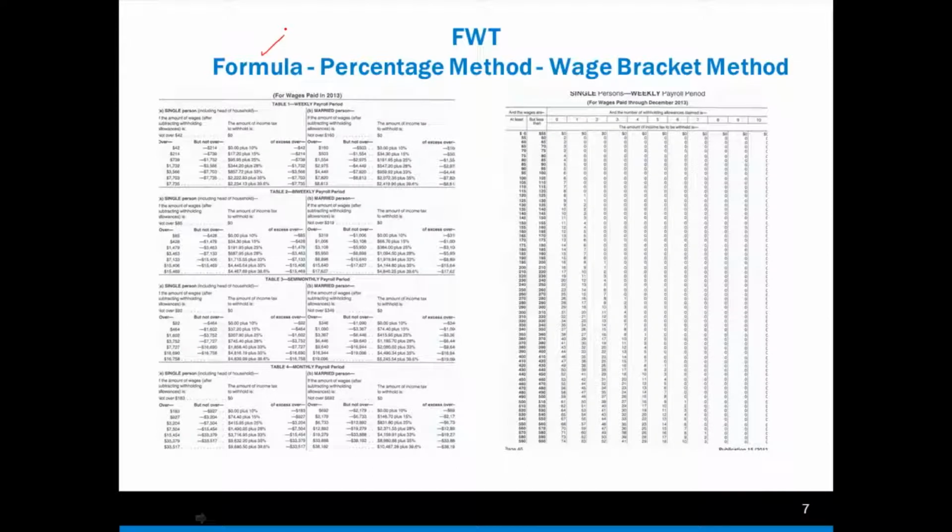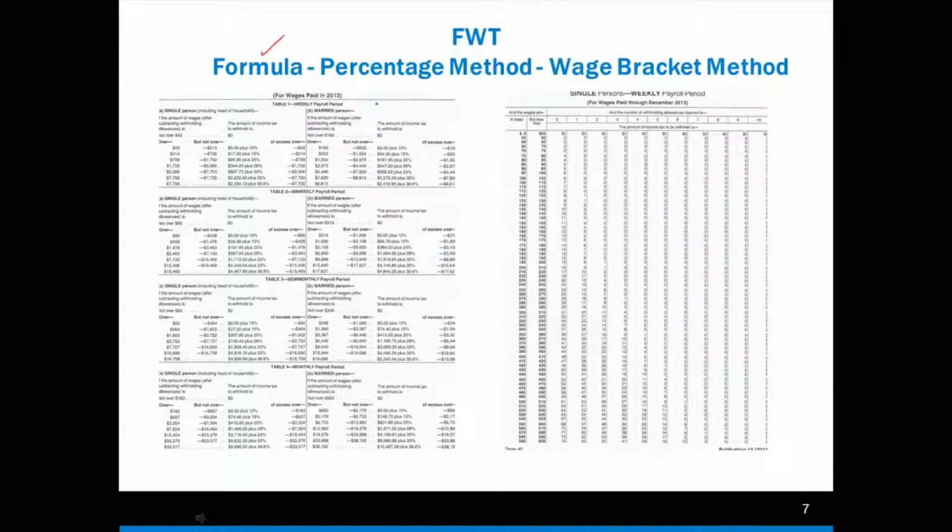There is a formula for the basis of all of this, just like the time value of money has an underlying formula. Depending upon whether you have charts or a computer, you can calculate it a different way. It's pretty much the same thing here: there's a formula, and that's what's used in your computer systems.